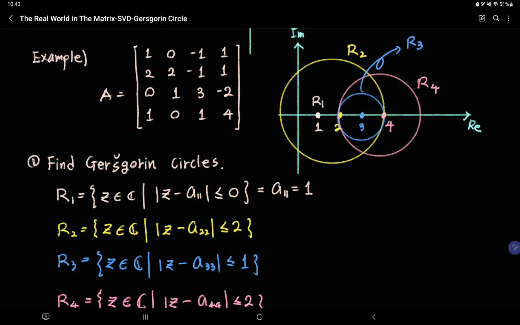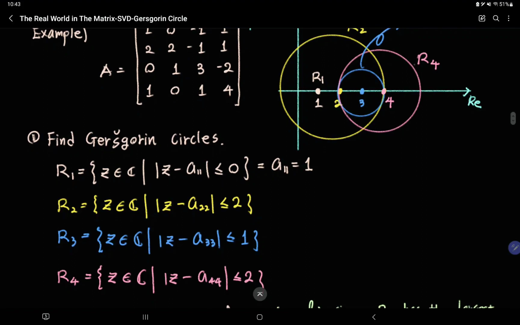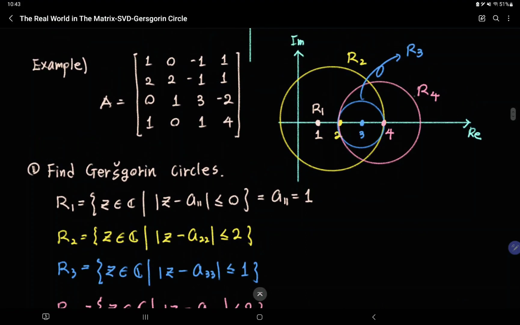Repeating this process, we figure out all the radii and the circles R1, R2, R3, R4, and drawing them, we get this. You can see that all of the circles overlap, so all the eigenvalues will be within the union of these circles.